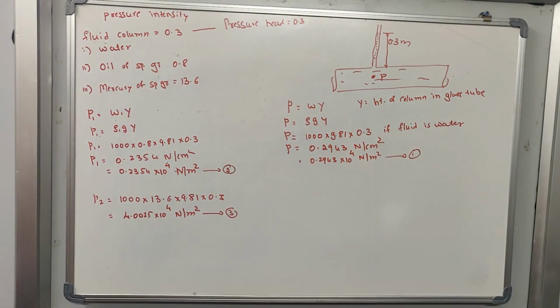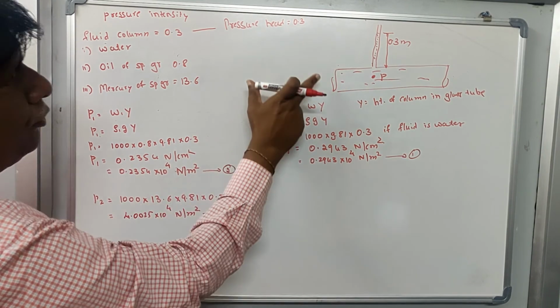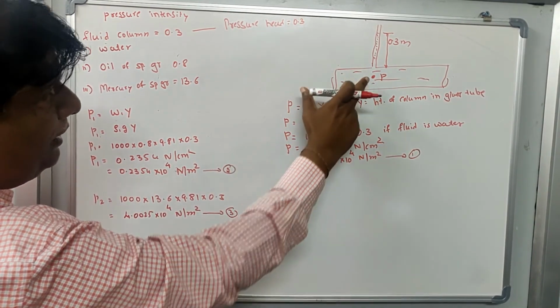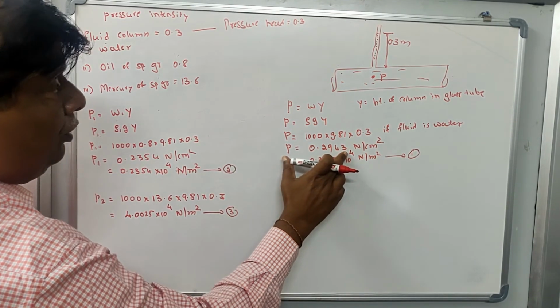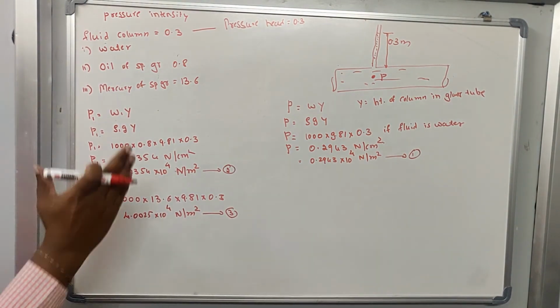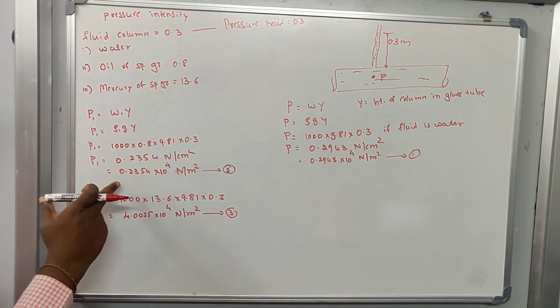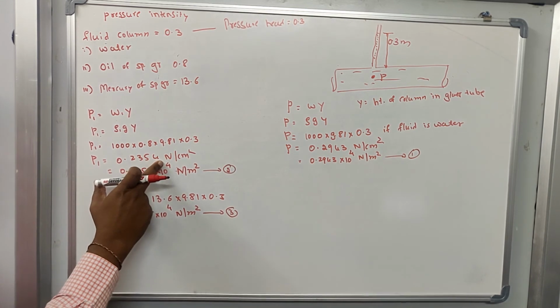For the same column of height 0.3 meter, or pressure head of 0.3 meter, if I am using water, the pressure intensity at point P is 0.2943 into 10 raised to 4. If there is oil of specific gravity 0.8, then the pressure intensity is 0.2354 into 10 raised to 4.